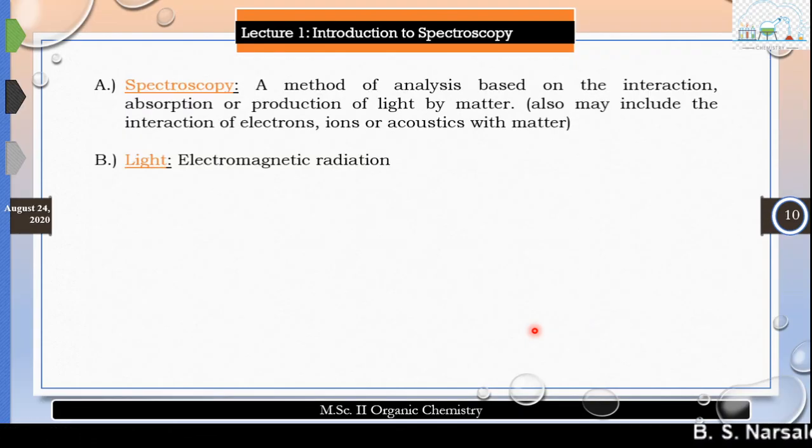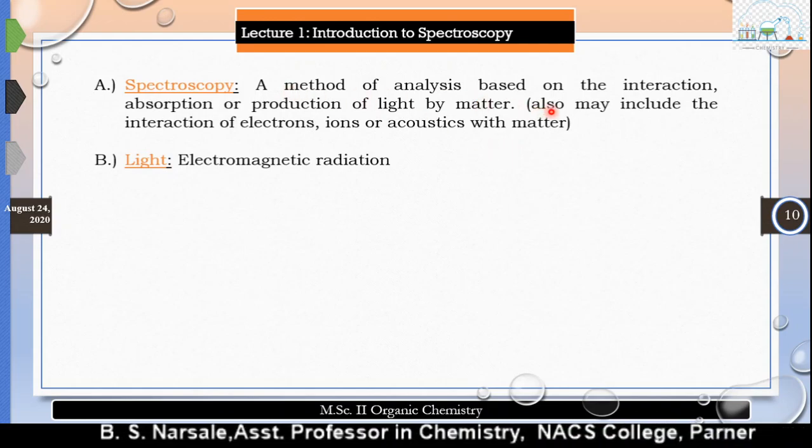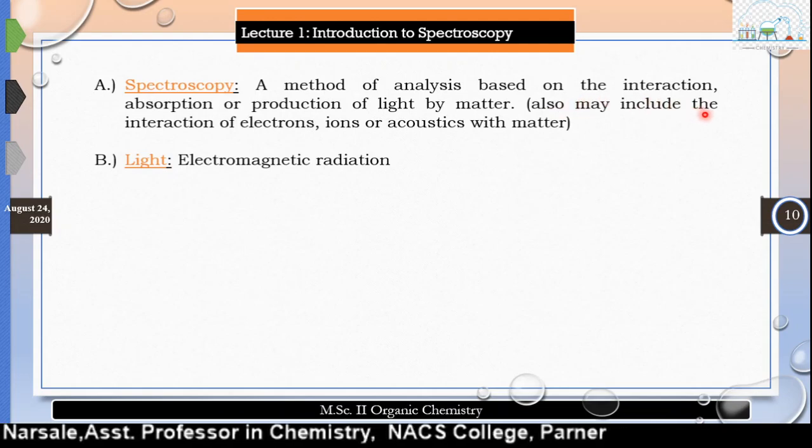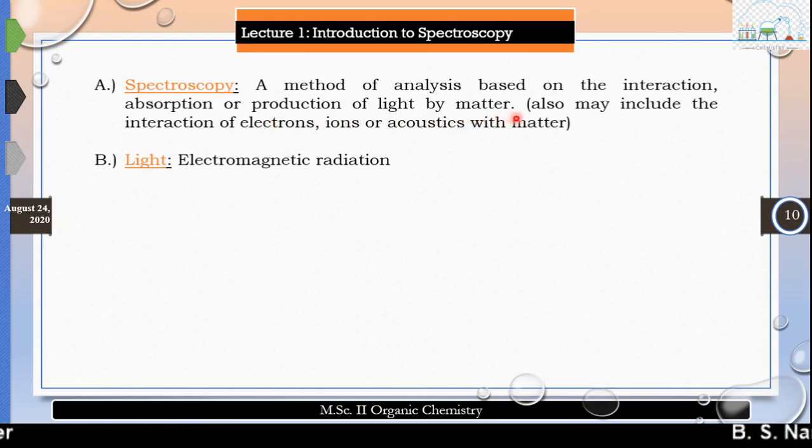This is the phenomenon of emission and absorption. So herewith we define spectroscopy. It is a method of analysis based on interaction, absorption, or production of light by matter.